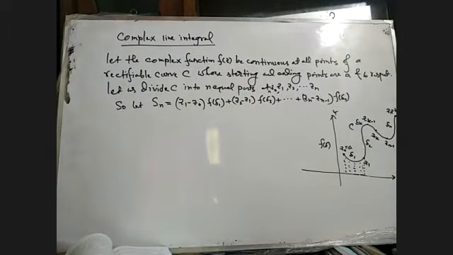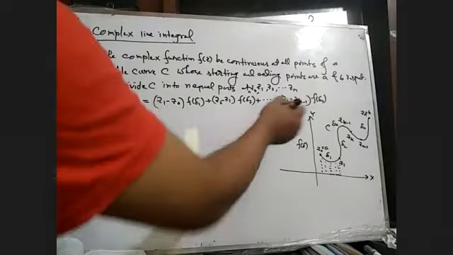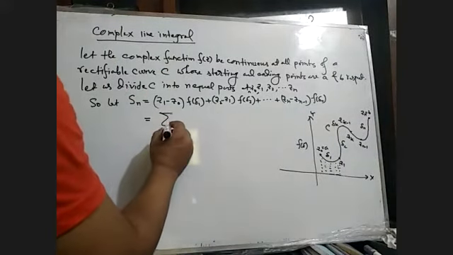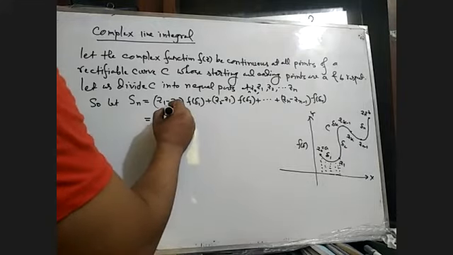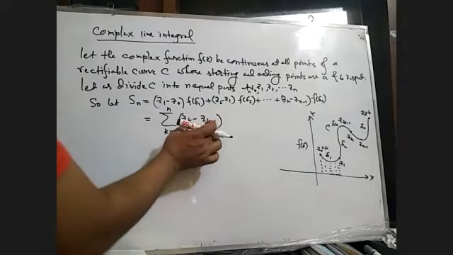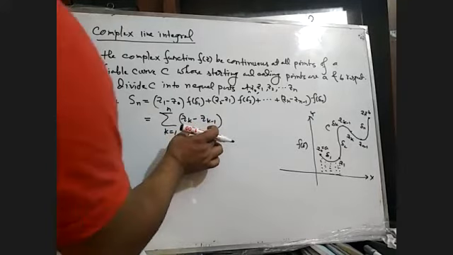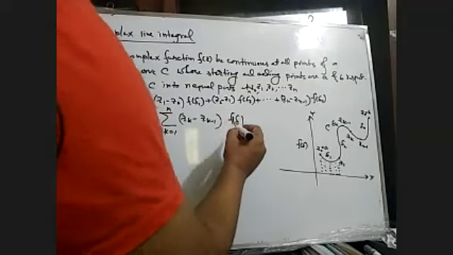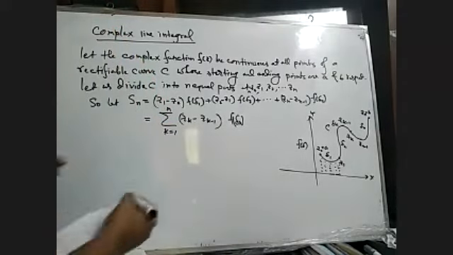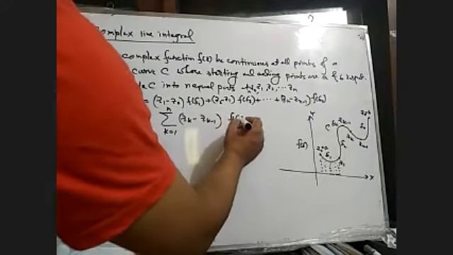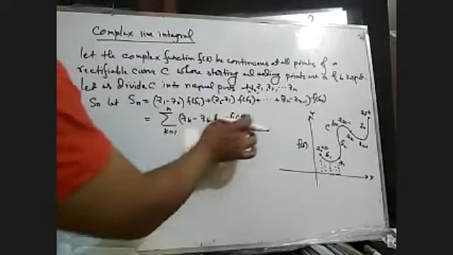Understand, everybody? This whole area bounded by the curve C can be represented as the summation from k equals 1 to n of Zk minus Zk minus 1, which is the length along the x-axis, times f of del k, the corresponding value along the y-axis. Length multiplied by breadth is area.